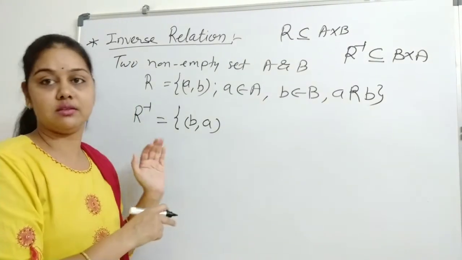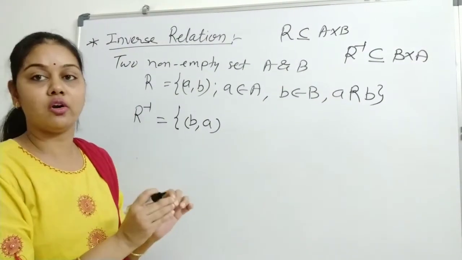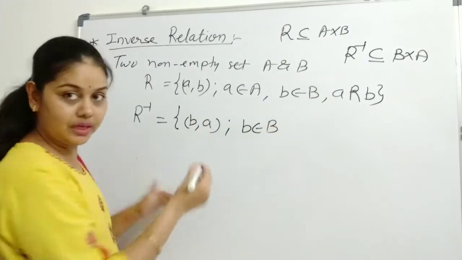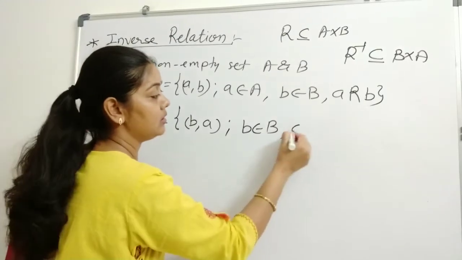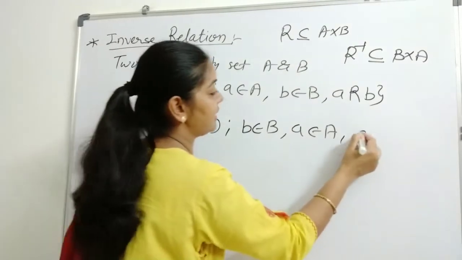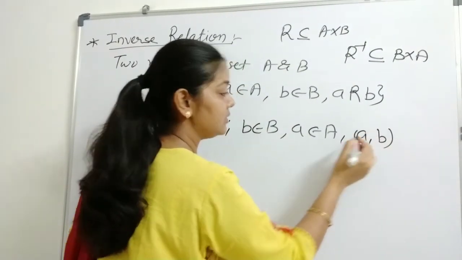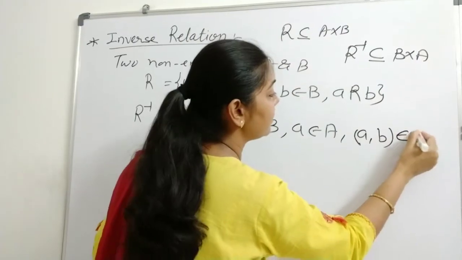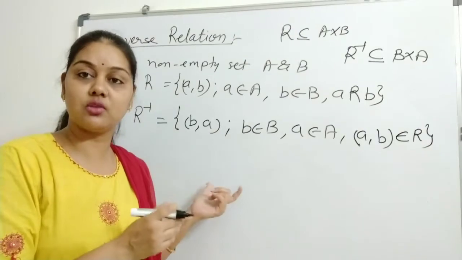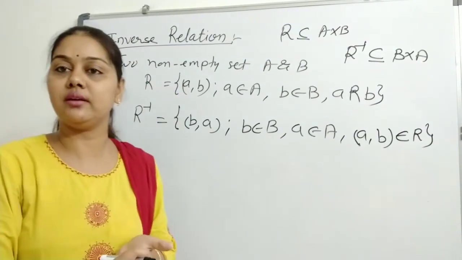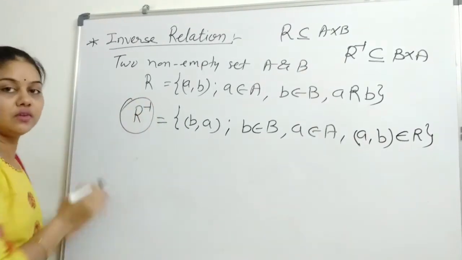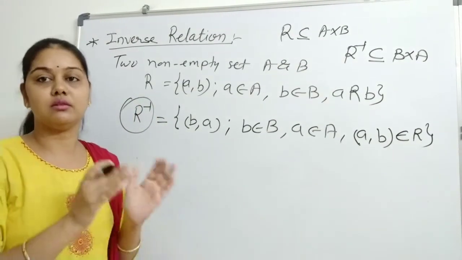Then for inverse relation, we will take the ordered pair (b, a), where b is the element of B, the second set, and a is the element of A, the first set, with the condition that (a, b) is an element of relation R. We will take in reverse order only those ordered pairs which already belong to R. This R inverse is called inverse relation.